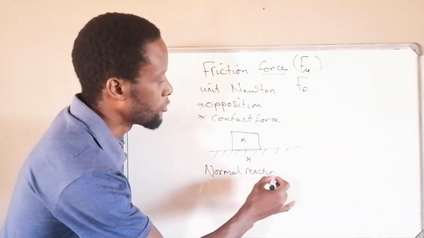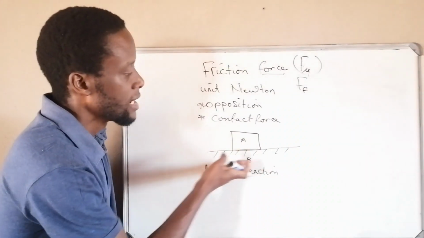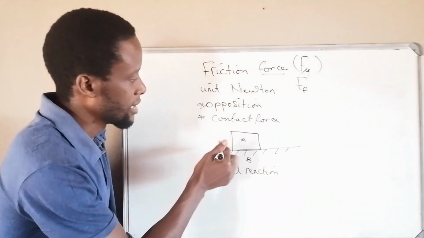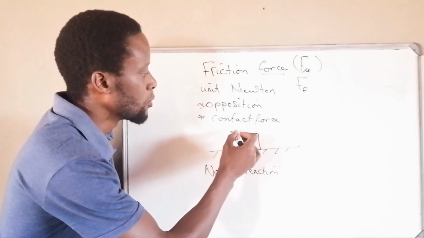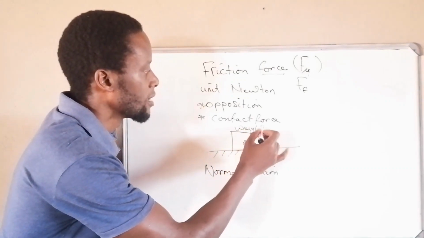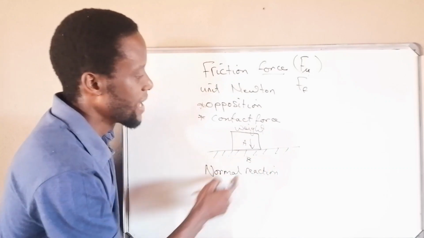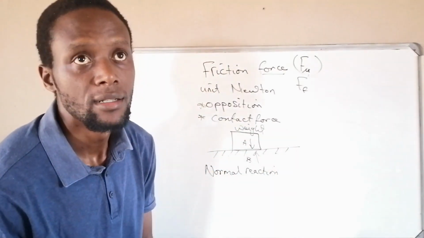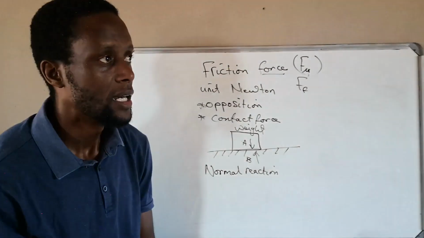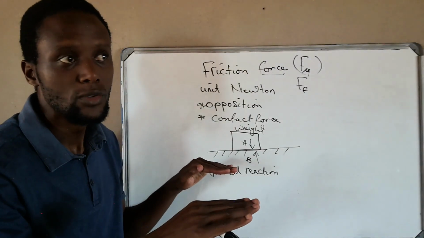The normal reaction of the surface. The surface will only react to the weight that the object pushes against. So object A will push a weight onto this surface, and the surface will react. Remember when we were doing statics, we looked at a beam on two supports.